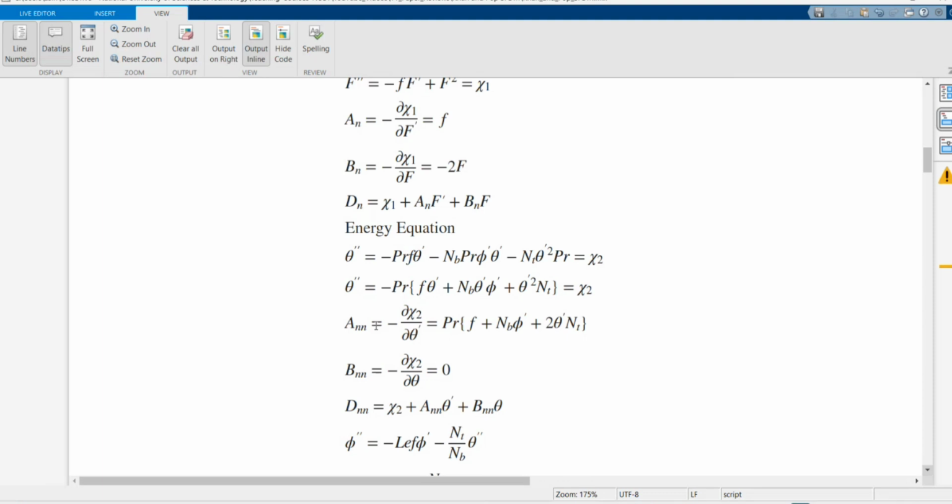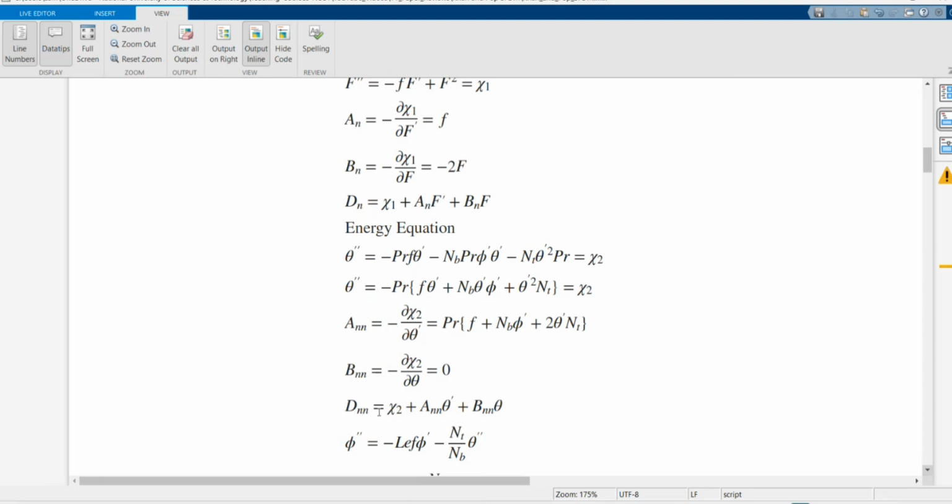We do the same. Capital An will be equal to minus partial chi2 by partial theta dash, which you get from the right hand side. Then Bn, if you take a derivative of chi2 with respect to theta, you can see that there is no theta involved in chi2, so the derivative will be 0.